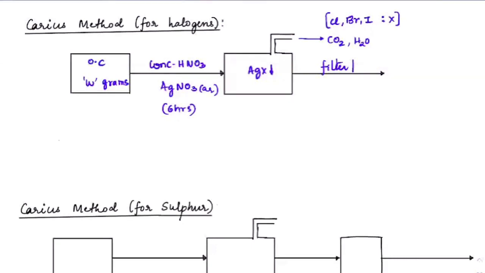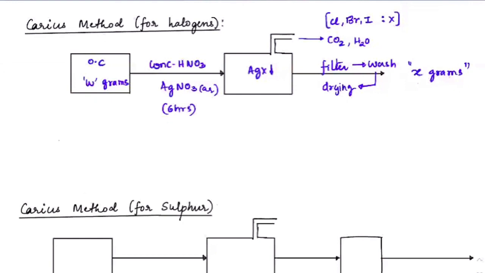Usually the process is filter, followed by washing, followed by drying, always in experiments. First we filter, remove all the liquid part, then wash it by adding excess water to wash away any other salt. Then finally dry it. After drying, we get a dry weight of that precipitate, and I'll call it X grams. Now I have to relate this W with X grams.